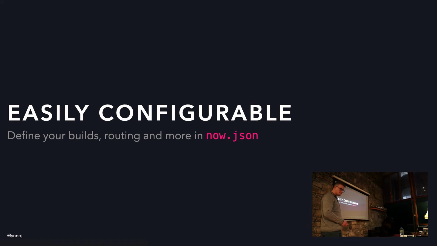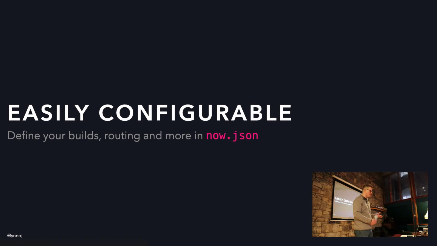Config. It's a JSON file in the root of your project. This is read during deployment. What you specify here would be environment variables, so anything from secret keys, etc. Configuring your builds, so you pass it a source path of the code. You tell it which builder to use, whether that be Node, etc. And then Now reads that and creates the lambdas at build time. You also have to set up the routing.